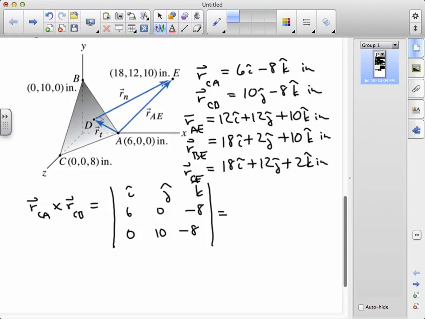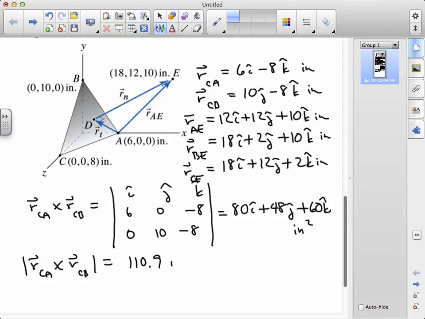And if we carry out those crosses, we end up with 80I plus 48J plus 60K, and that has units of inches squared since each relative position vector has units of inches. The magnitude of that vector we get from the square root of the sum of its squares, and that number turns out to be equal to 110.9 inches squared.